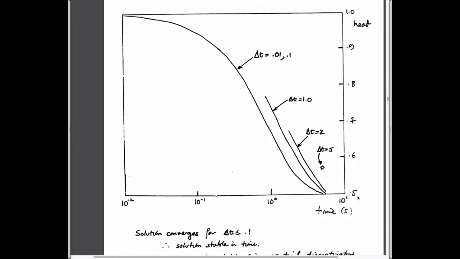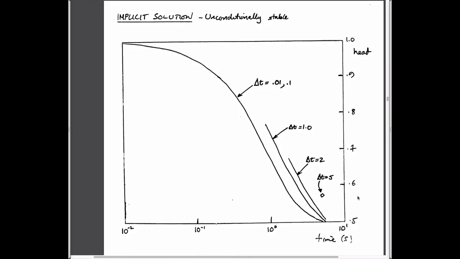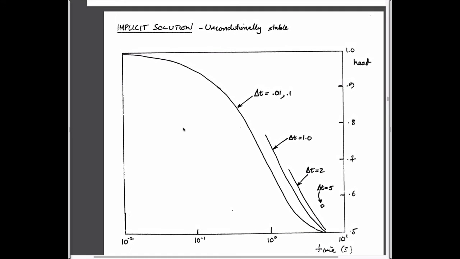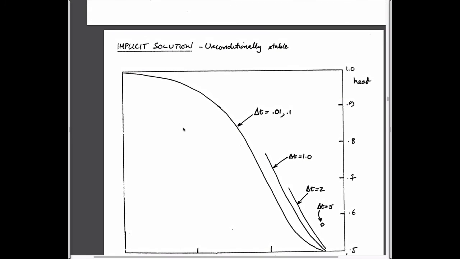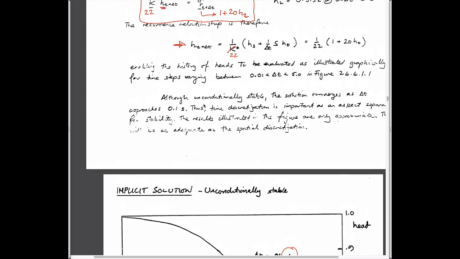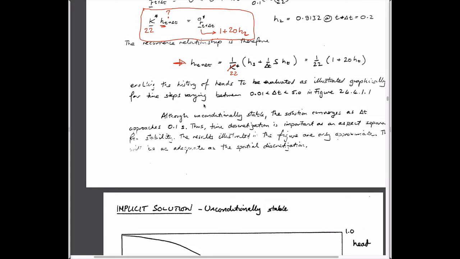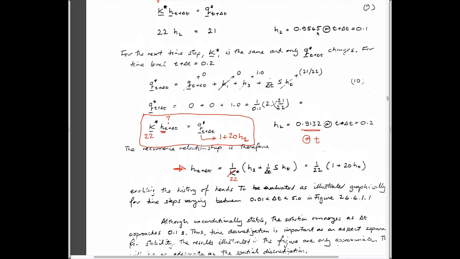And so this isn't a very good graph, but it serves to illustrate the purpose. We've chosen to use a time step of 0.1. If you go through this, I guess the first time step is 0.9132 at t, oh, it's the second time step.